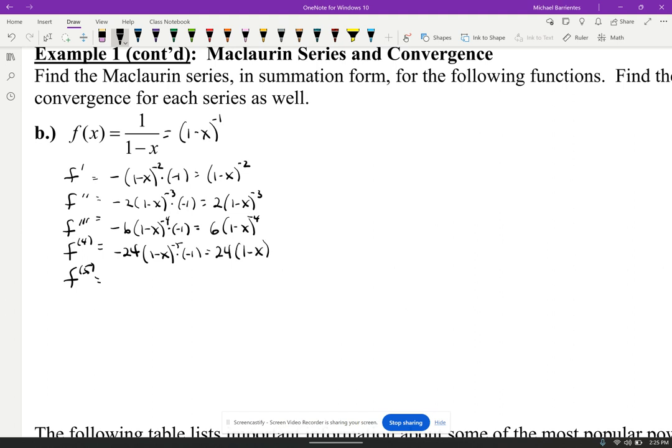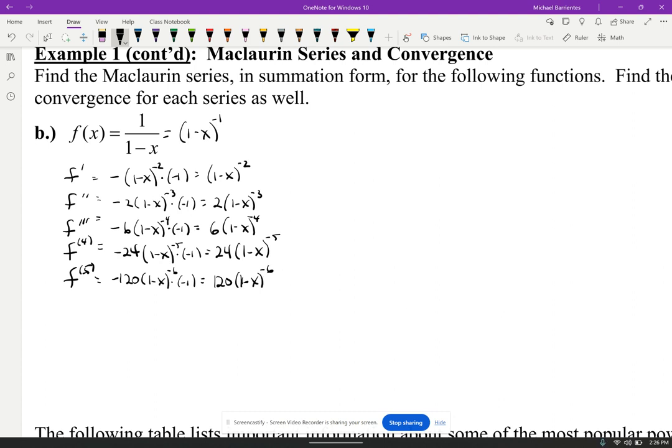Really, I'm just getting factorial coefficients here, right? And they're always positive, in case you hadn't noticed. So therefore, this is going to be negative 120 times 1 minus x to the negative 6. No, that's right. Negative 6 times negative 1, and that's 120 times 1 minus x to the negative 6.